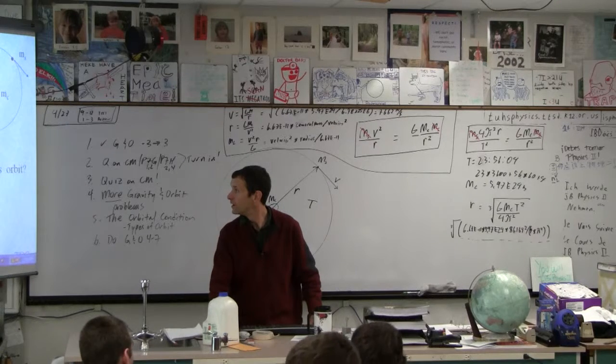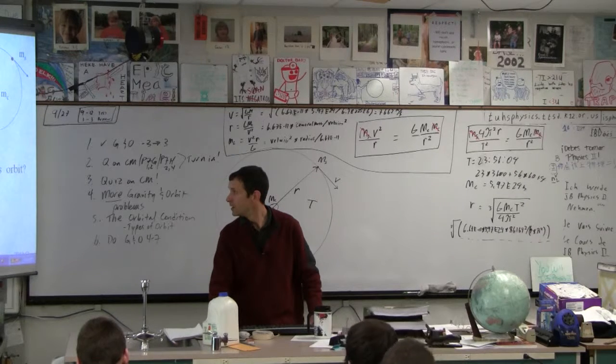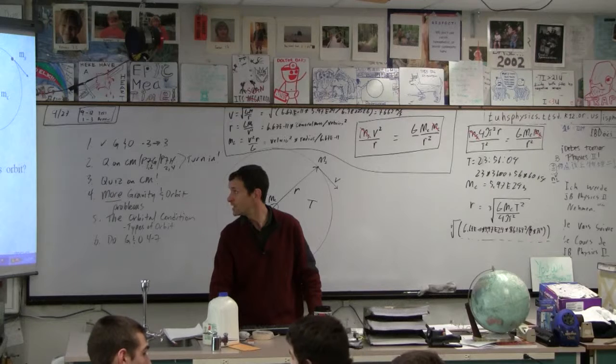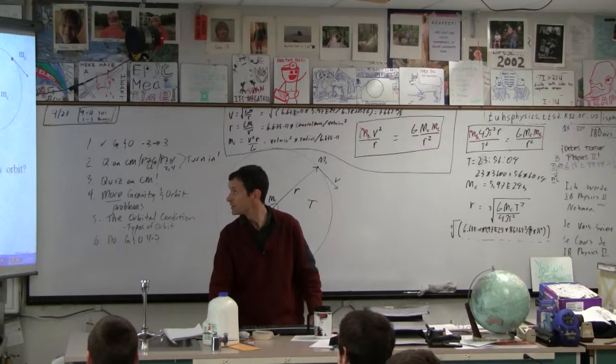Where did you get 5.97? That's the mass of the Earth. I looked it up in a book that I bought. 86164. Yeah, 86,164 seconds. Don't forget to square that, right? Divided by 4 times. I know you don't have to say times pi squared, but I always like to, because they do so many other things in a weird way.